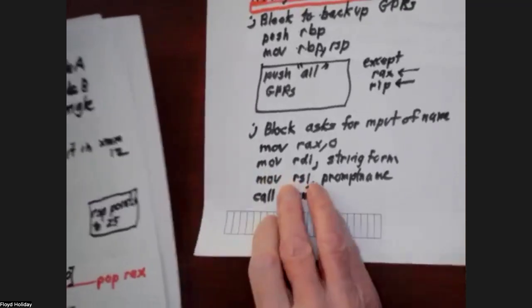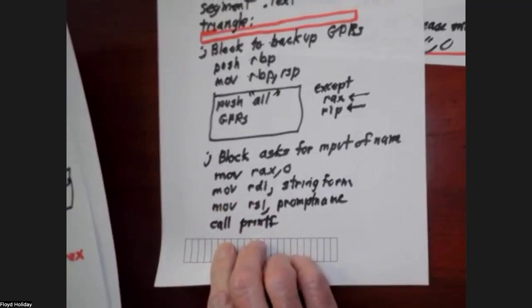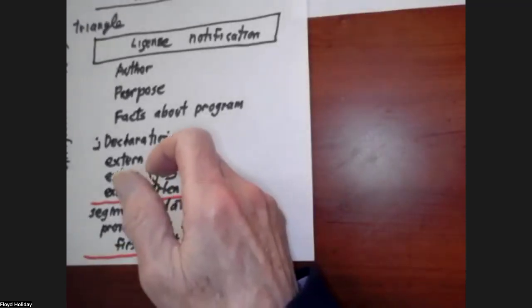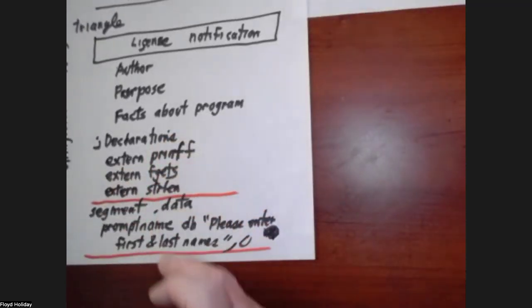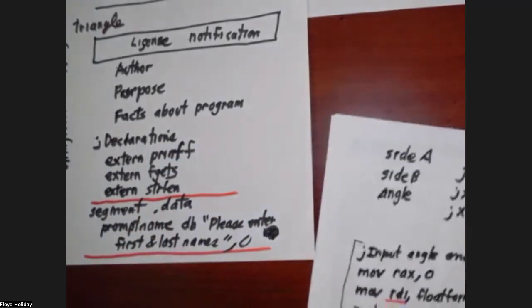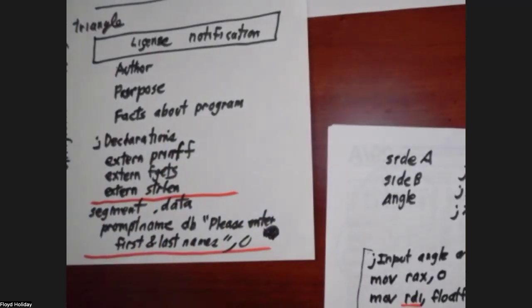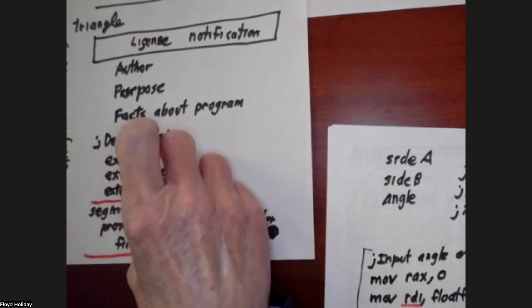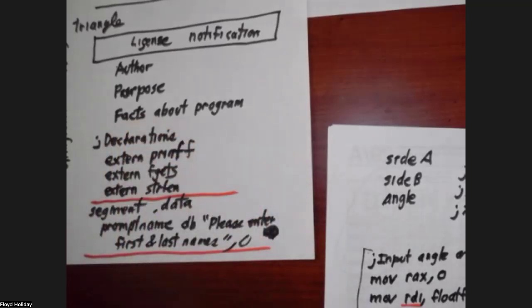No. Let me show it with the word extern. Here's a list. Add scanf to the list. These declarations are all the things this program plans to call at one point or another.